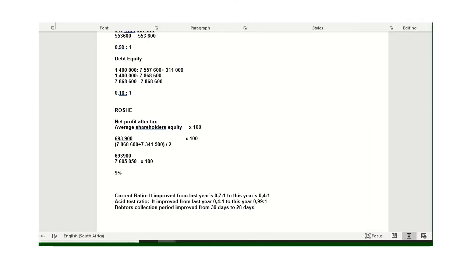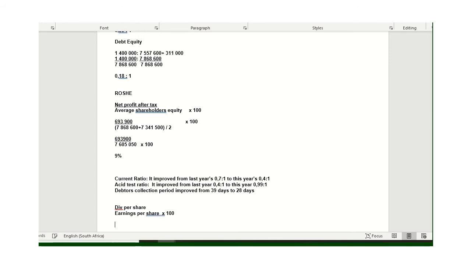Okay, so to work out the payout rate, we will take dividends per share divided by earnings per share. And that answer we must then just multiply by 100 to get to a percentage.